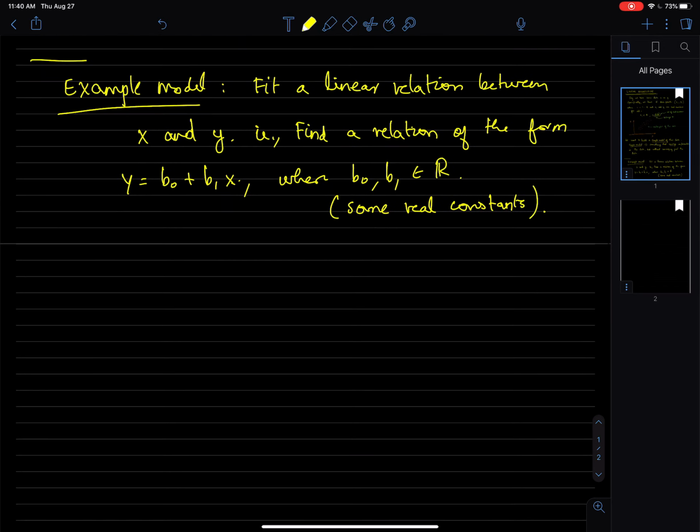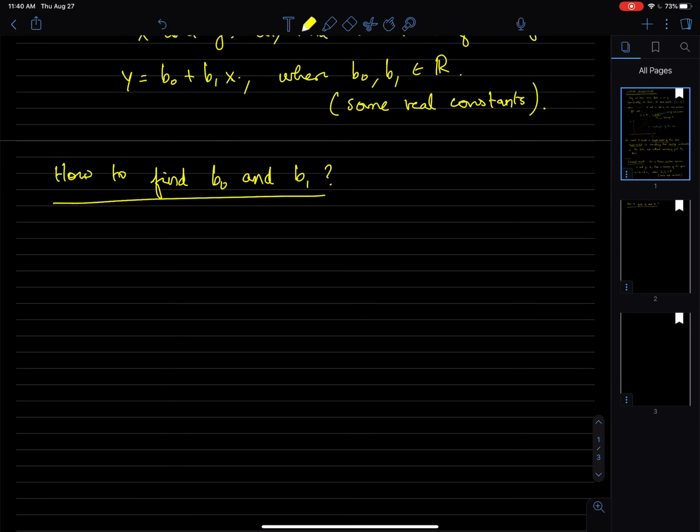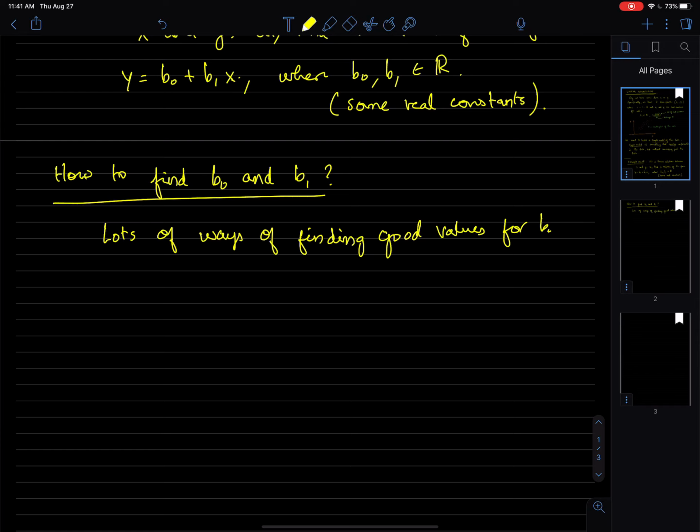Okay, now how to find b naught and b1? There are lots of different ways of finding good values for b naught and b1.